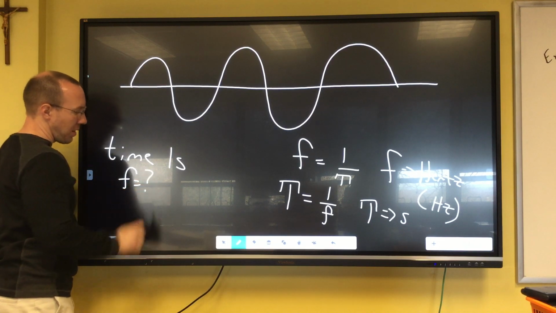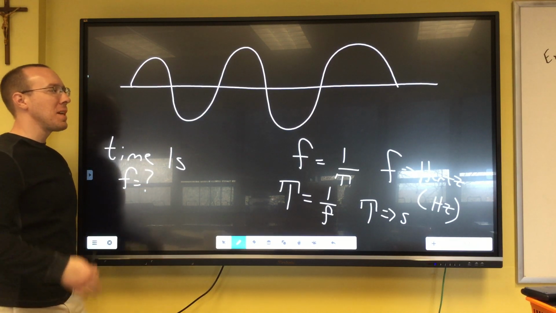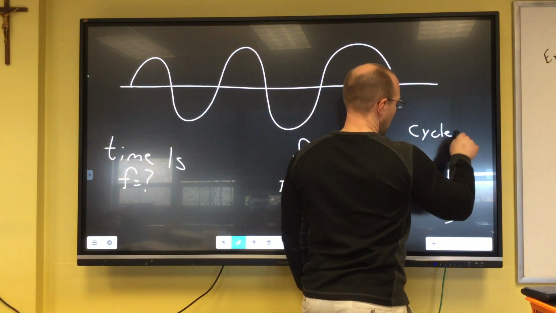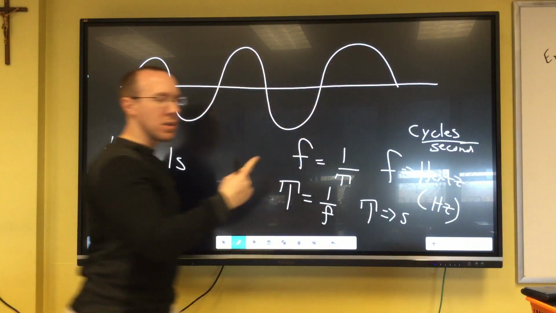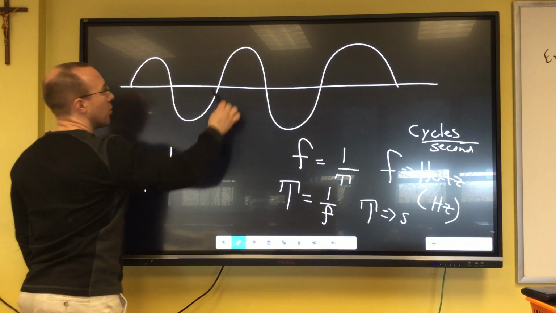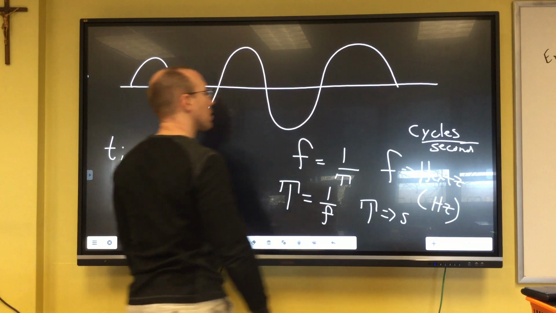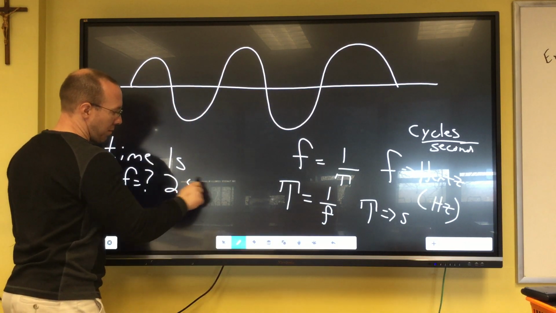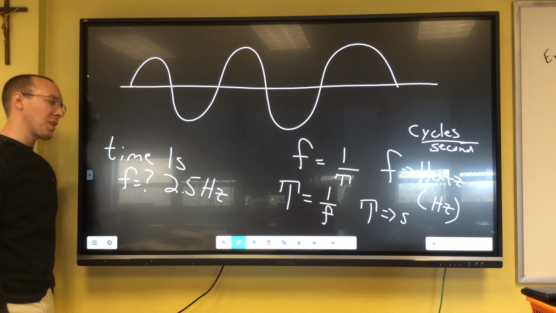What is the frequency? So the frequency is how many cycles per second. All right, that's what 1 hertz is. How many cycles per second? So if we look here, we have 1, 2, and a half. Okay? So the frequency for this one would be 2.5 hertz, or 2.5 cycles per second.